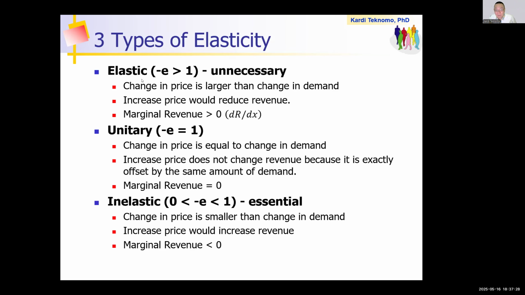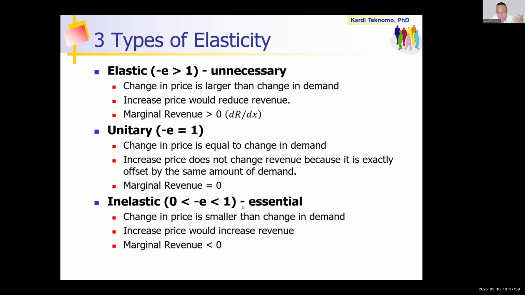If your demand is elastic, the increase of the price will reduce the revenue. But if your good or service is inelastic, that means this is an essential product, an essential service, so an increase of the price will actually increase the revenue.